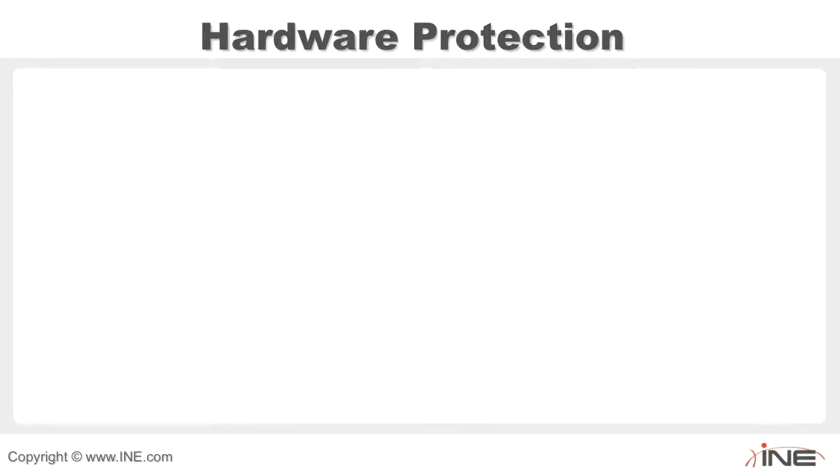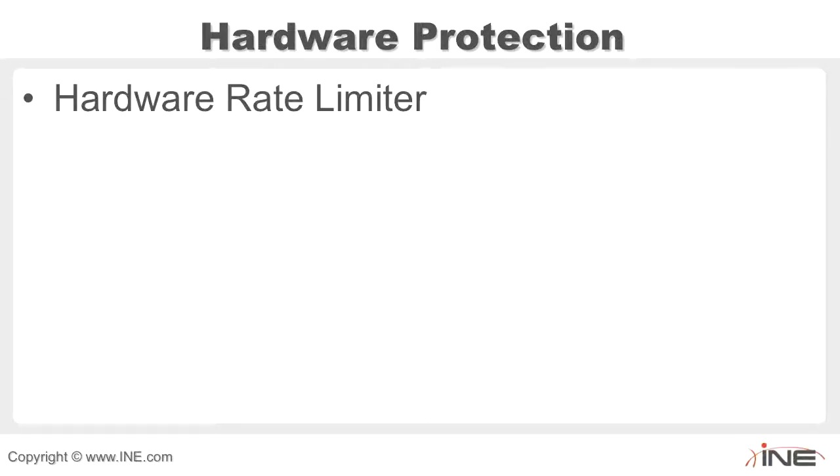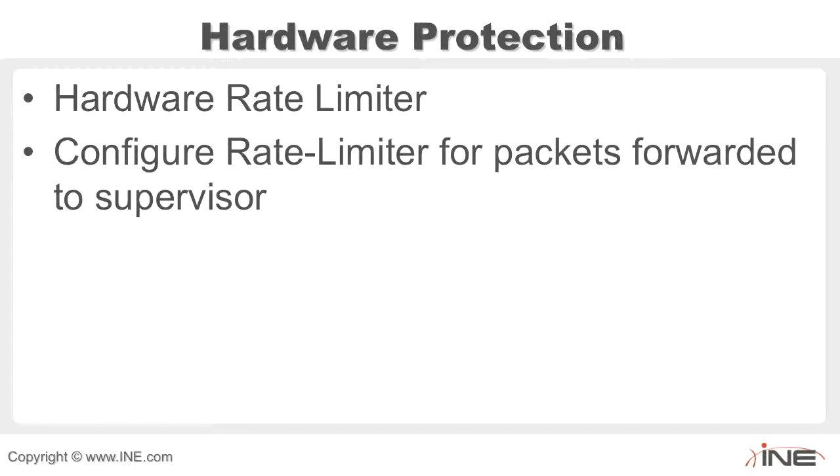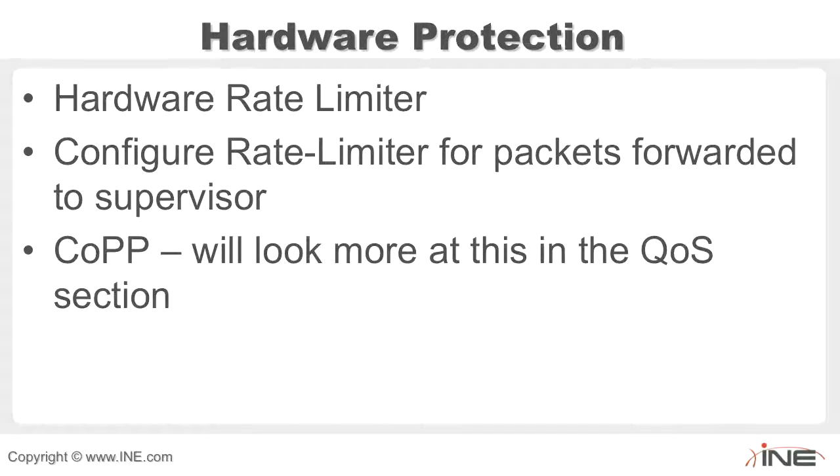We also, for hardware, the actual supervisor and just box protection in general, have a hardware rate limiter. So we configure the rate limiter for packets forwarded to the supervisor, such as control plane policing. And we're going to take a look at control plane policing a lot more in the QoS section.